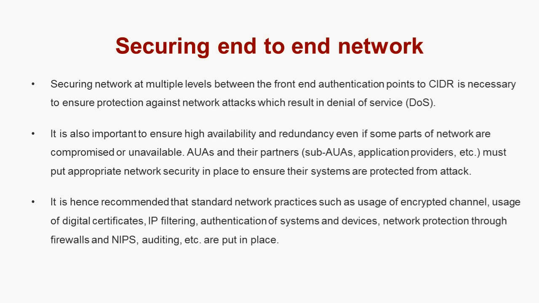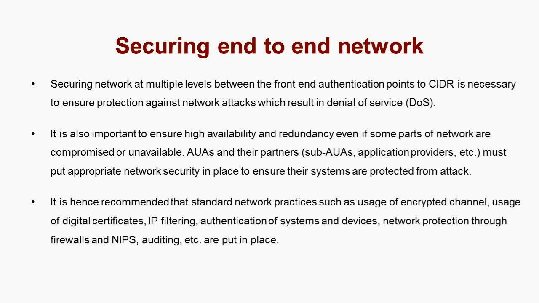Securing the end-to-end network. Securing the network at multiple levels between the front-end authentication points and CIDR is necessary to ensure protection against network attacks which result in denial of service (DoS). It is also important to ensure high availability and redundancy even if some parts of the network are compromised or unavailable.